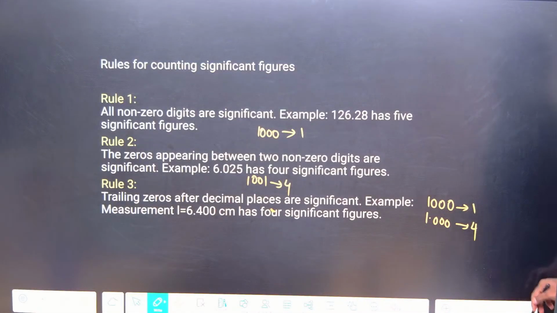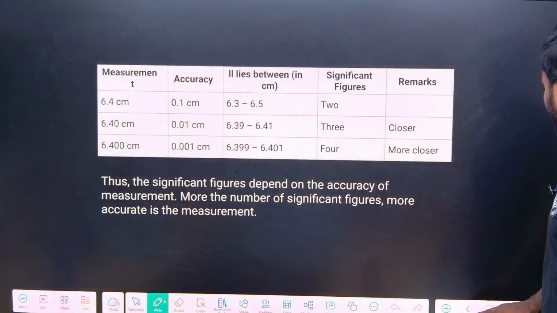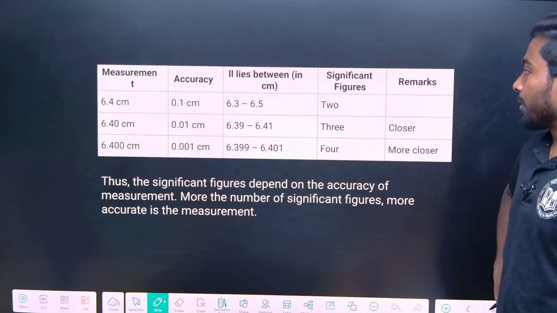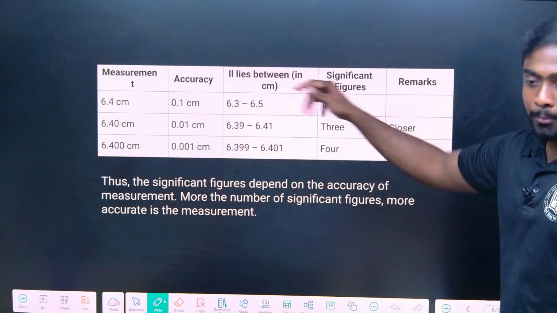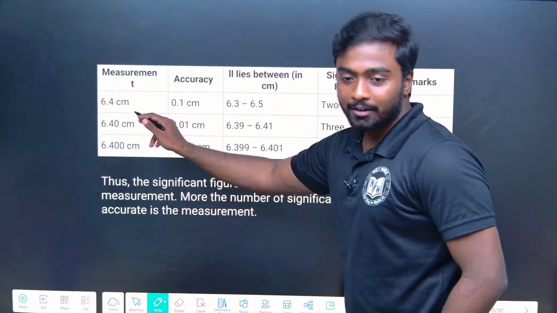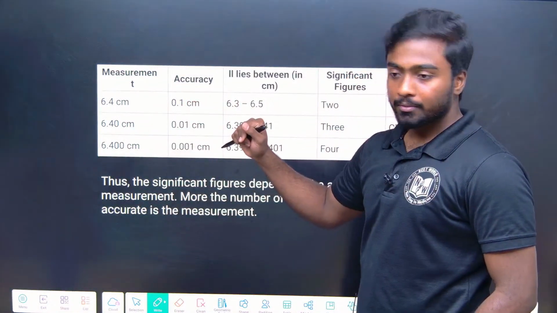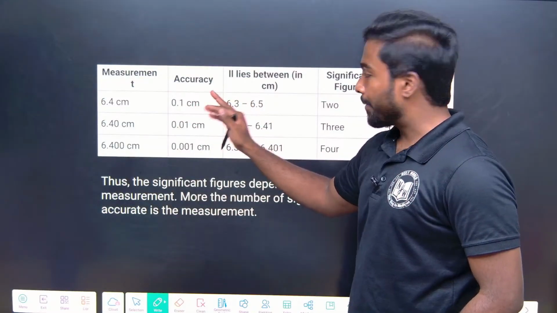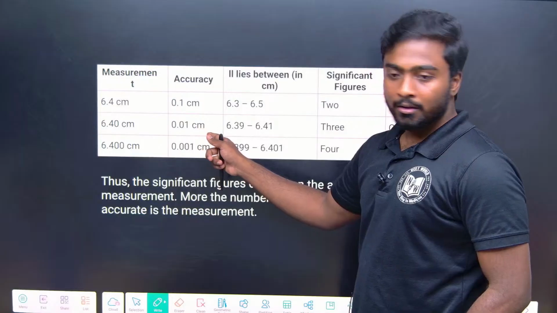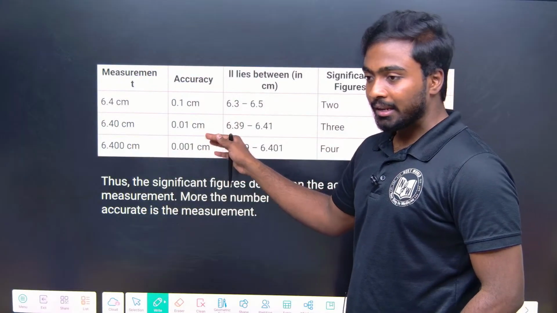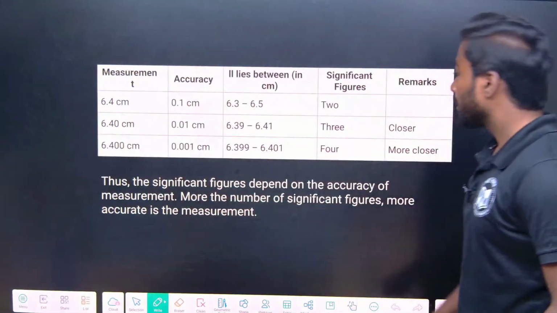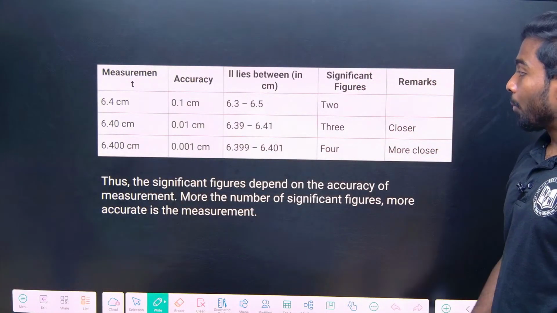So rule number 4, yeah, before that we'll see one more thing: measurement and accuracy. So 6.4 centimeter, what is the least count? 0.1 centimeter. 6.40, 0.01 centimeter. 6.400 centimeter, 0.001 centimeter.